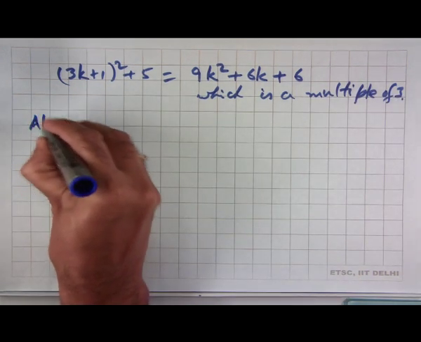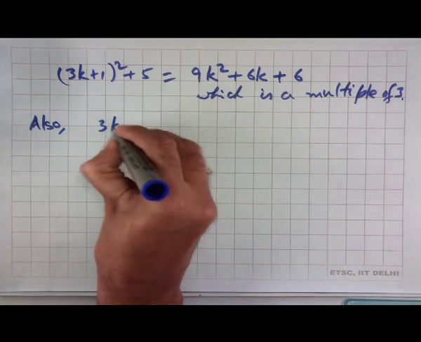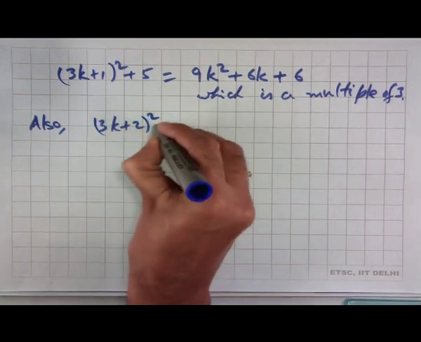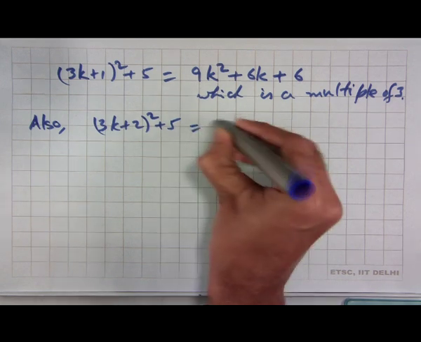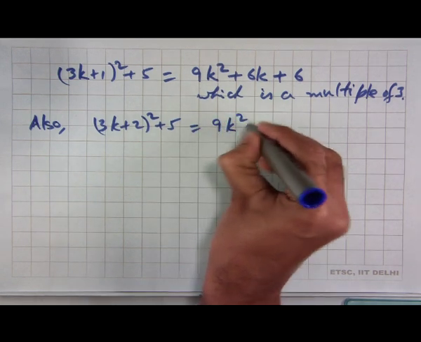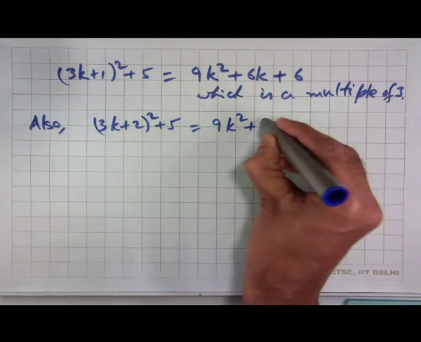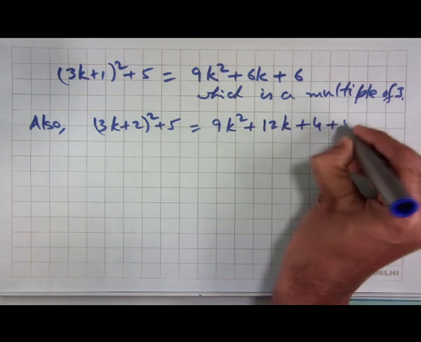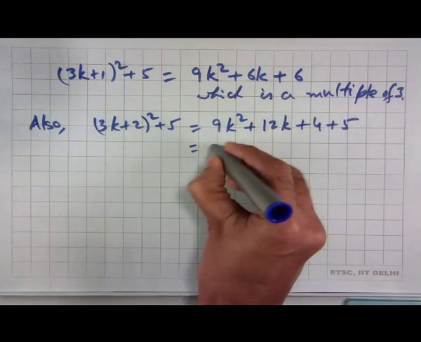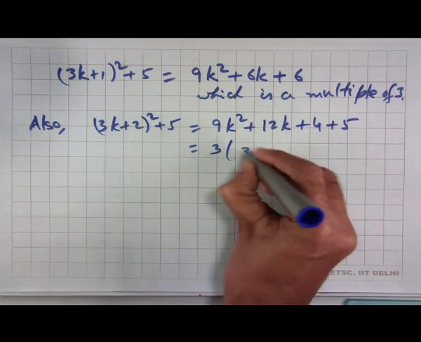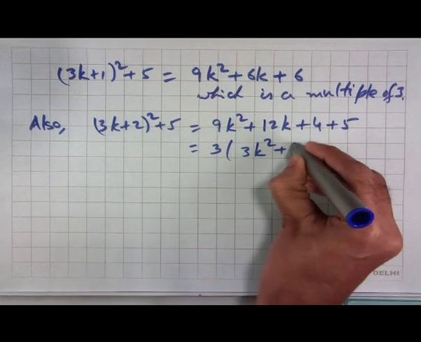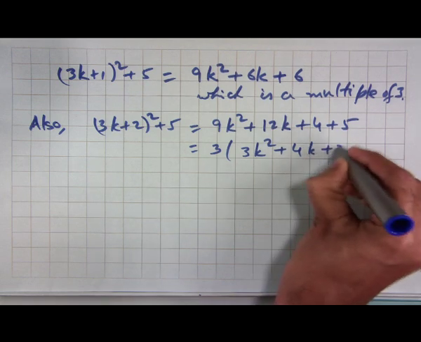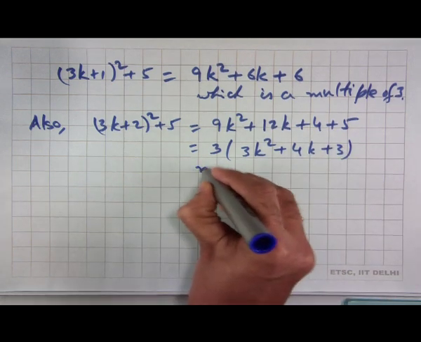Also, (3k plus 2) square plus 5 is equal to 9k square plus 12k plus 4 plus 5, which is again 3 times (3k square plus 4k plus 3). This is a multiple of 3 again.